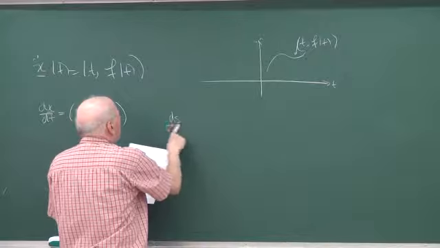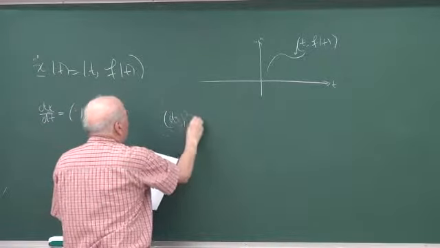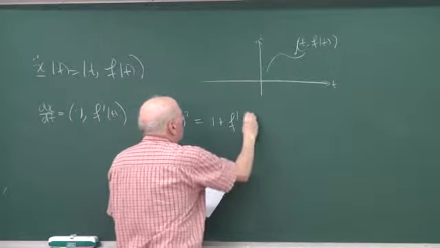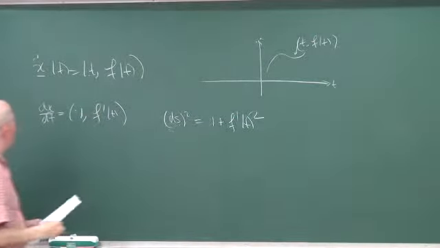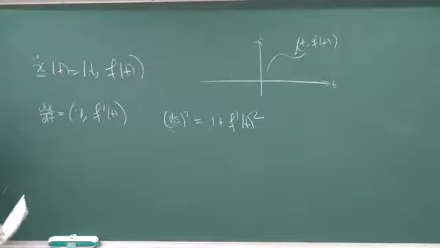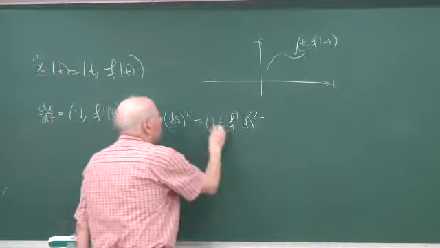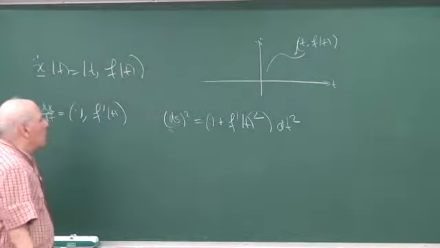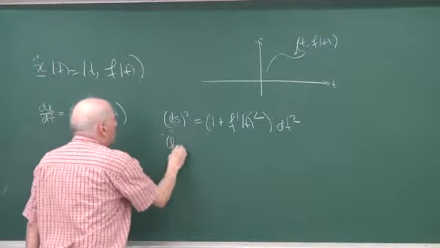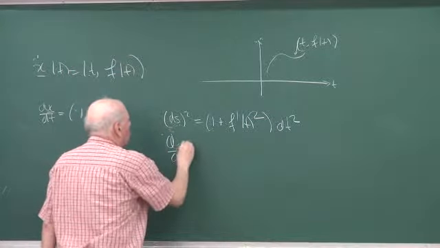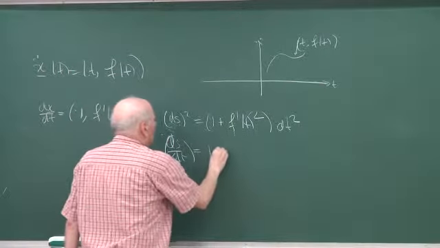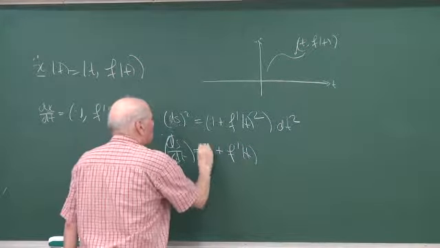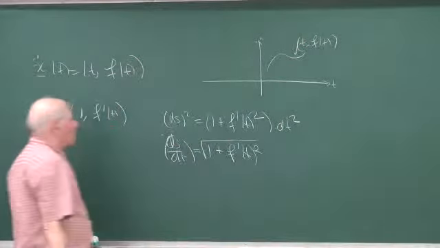From Pythagoras, ds squared is 1 plus f prime of t squared times dt squared. So ds/dt is the square root of 1 plus f prime of t squared.